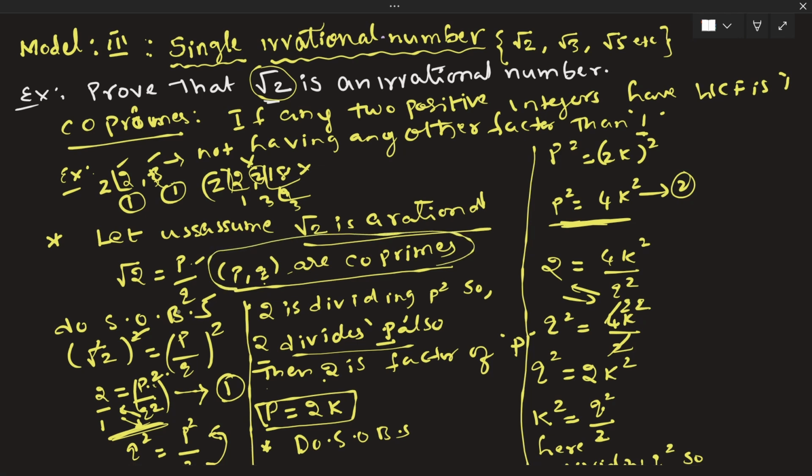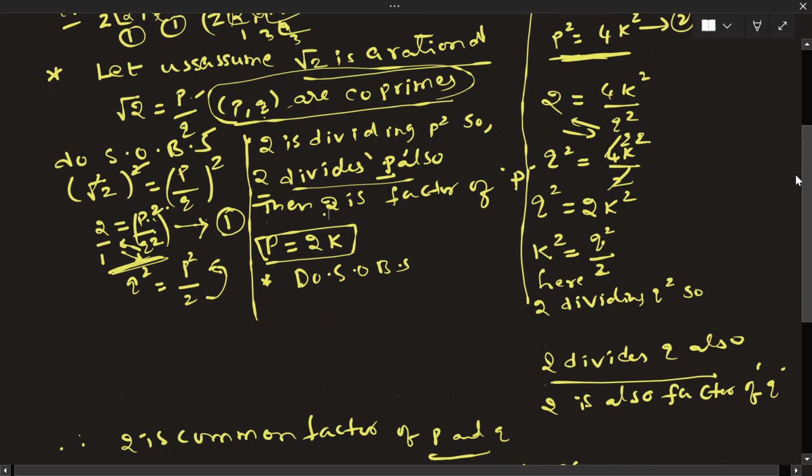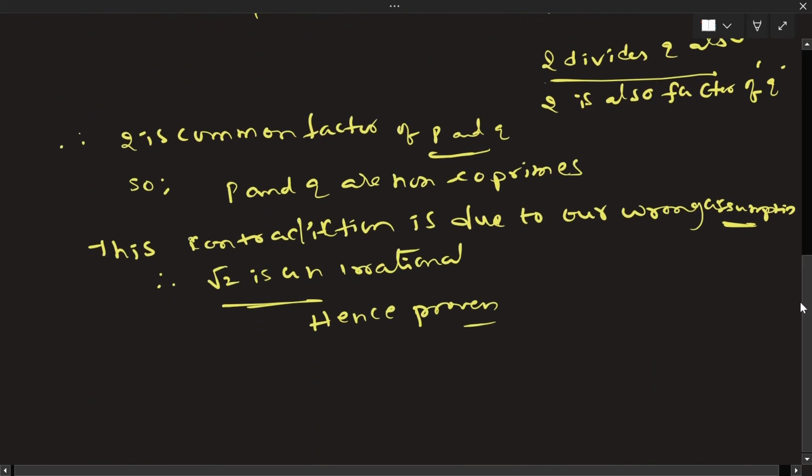Then squaring on both sides, we will get a statement that 2 is a factor of p, and then 2 is a factor of q also. Then 2 is a common factor of p and q. So we can conclude that the assumption that p and q are co-prime is wrong, since they both have a common factor other than 1. What is it? The common factor is 2. So this contradiction is due to our wrong assumption. So we can conclude that root 2 is an irrational number.